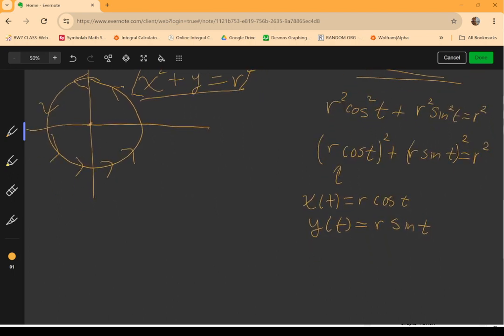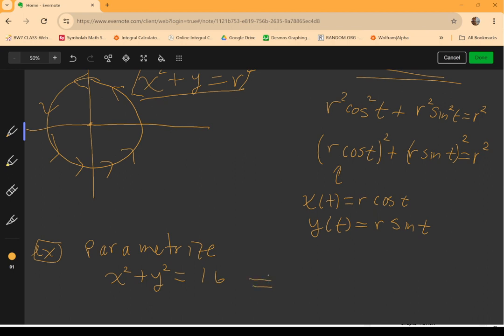All right, so if we have, for example, x squared plus y squared is equal to 16, I want to parametrize it. The important part here is that we identify this as a circle with radius 4.